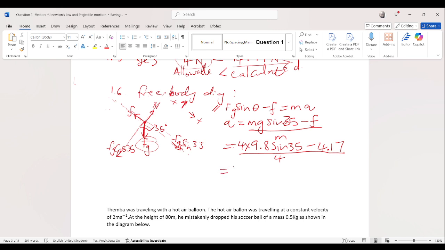And fortunately, our answer for acceleration is 4.58 meters per second square. And that is all for Newton's law.